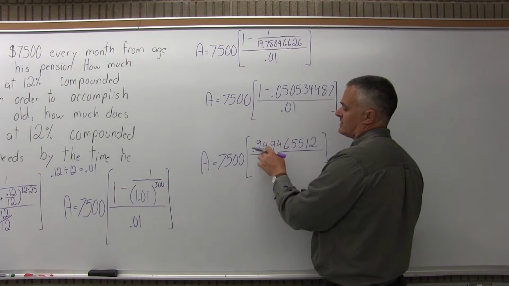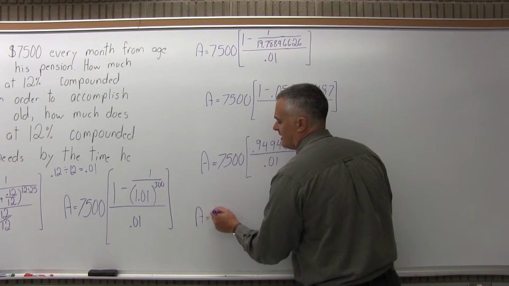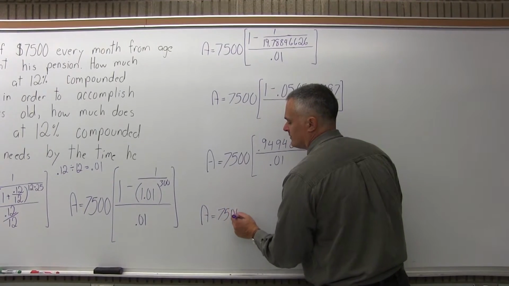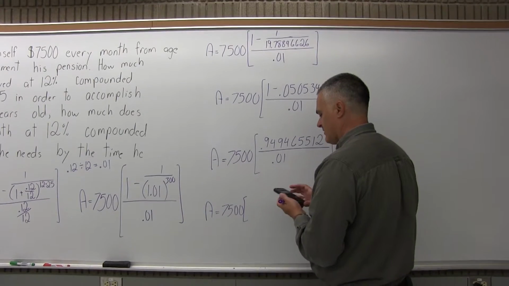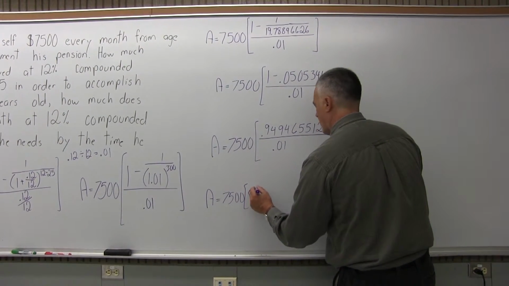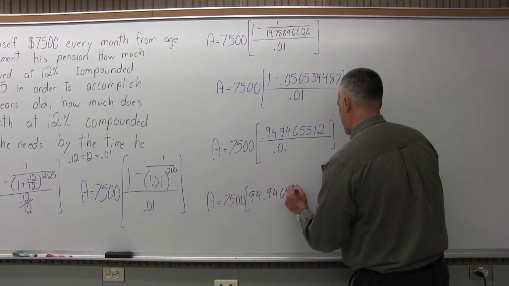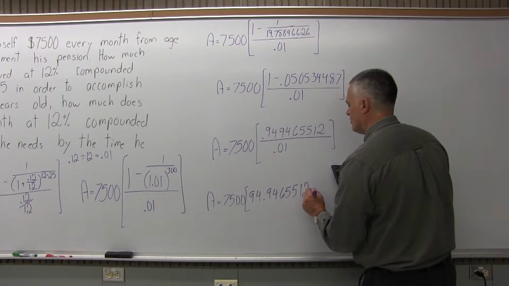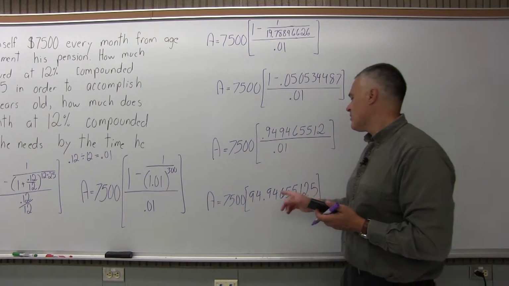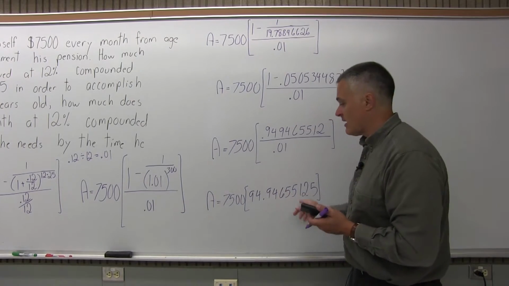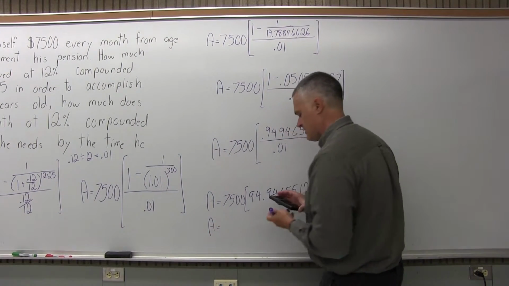That's just going to slide the decimal over 2 spots. So I have A equals 7,500 times, in brackets, 94.94655512. Close the brackets. The 94 point something is on the screen of my calculator now. I'll just multiply times the 7,500 in front of the brackets.